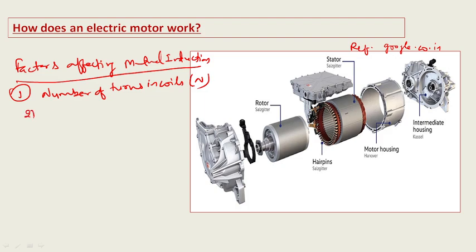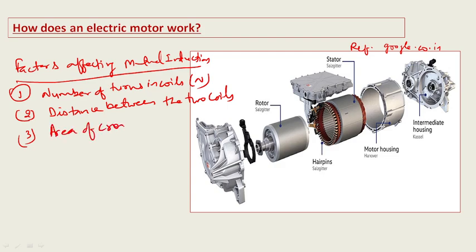Then the second one is the distance between the two coils, but they should not touch each other. Similarly, the area of cross section of both coils.